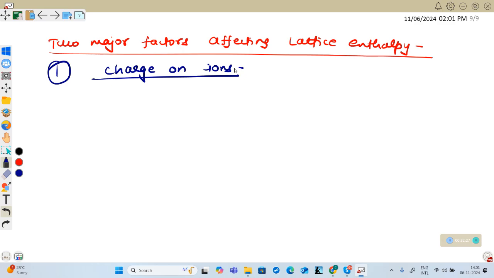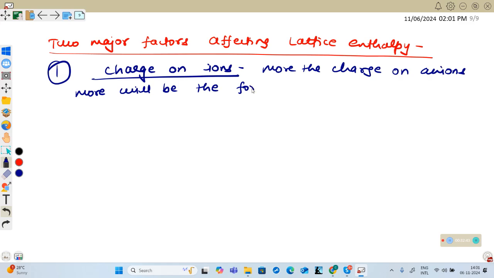The more the charge on the ions, the more will be the force of attraction between the ions. That means lattice enthalpy is directly proportional to the charge.